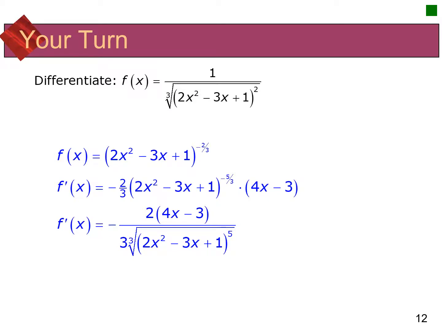I'm going to have 3 times the cube root of 2x squared minus 3x plus 1 to the 5 on the bottom. Because after all, the cube root of 2x squared minus 3x plus 1 to the 5th is the same thing as 2x squared minus 3x plus 1 to the 5/3. And having it in the bottom is what gets rid of the negative on the exponent.